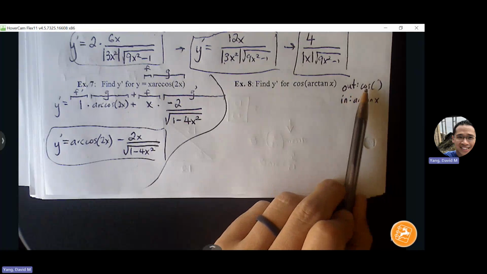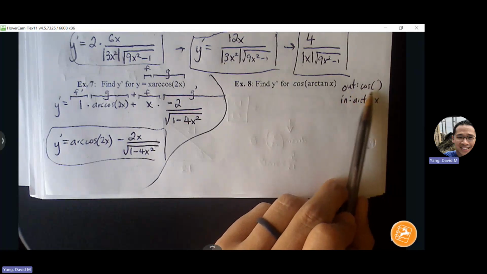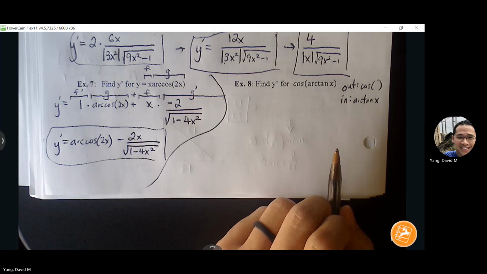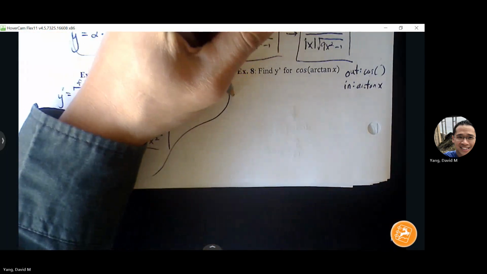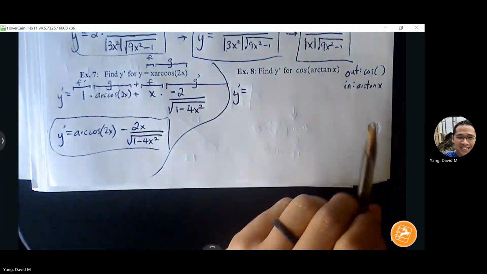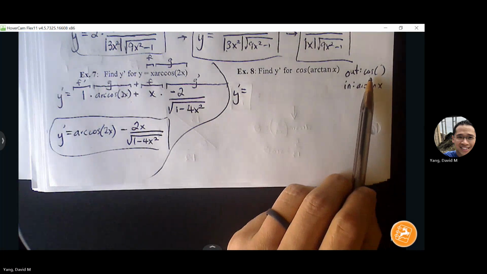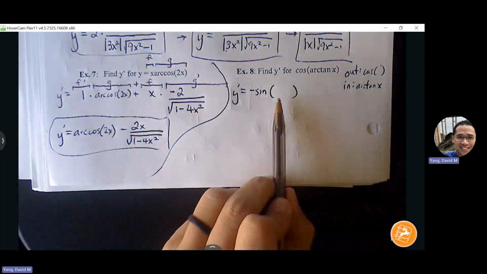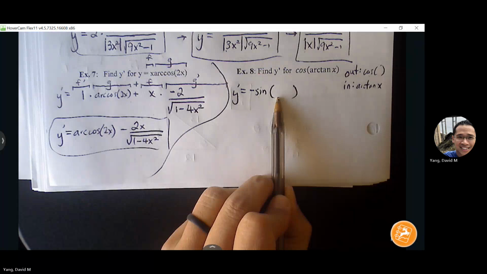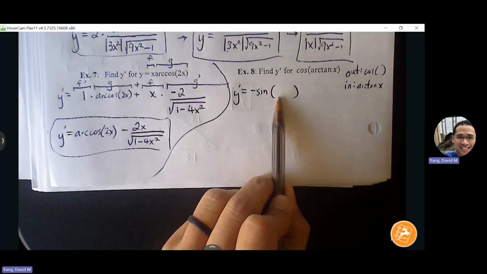Okay, let's find the derivative here. So cosine of u becomes, what's cosine's derivative? Negative sine of u. Right. Do we do anything inside here?